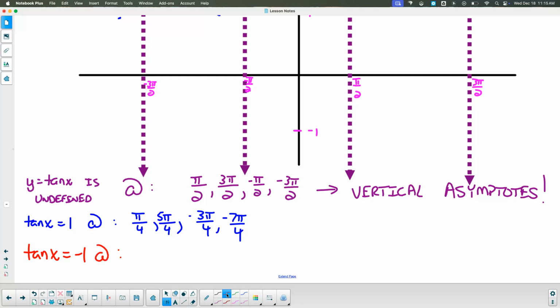Where is tangent of x equal to negative 1? Three pi over 4? And 7 pi over 4?